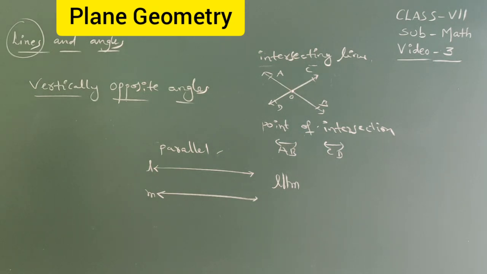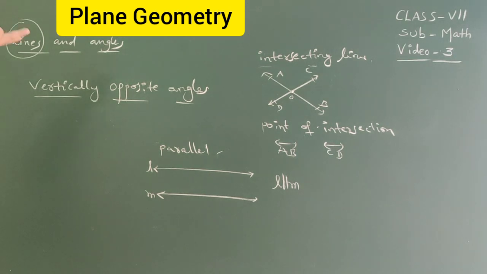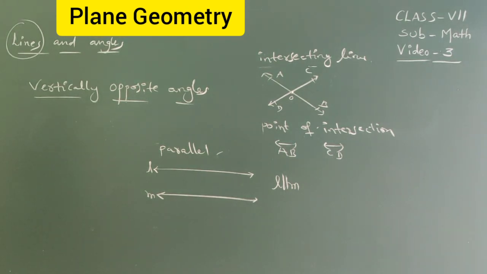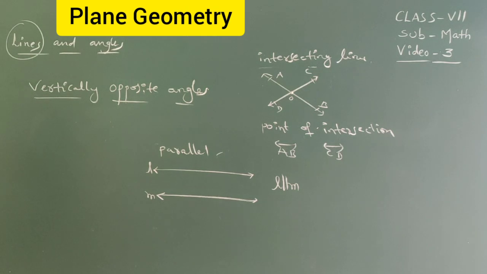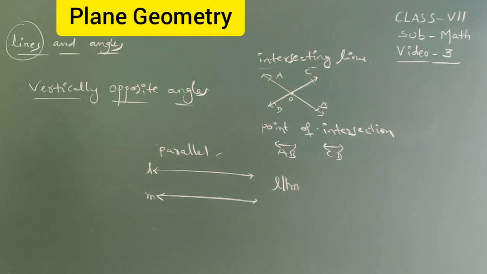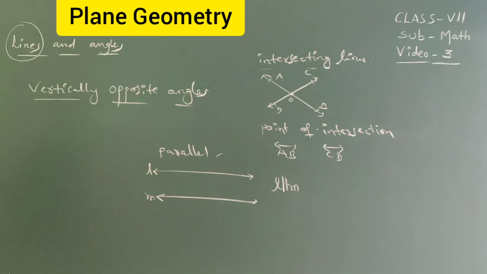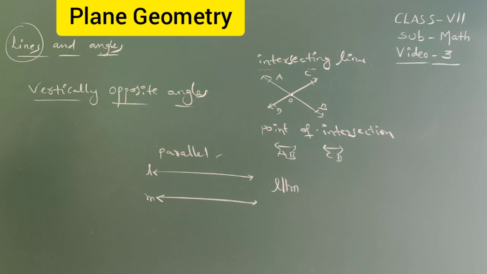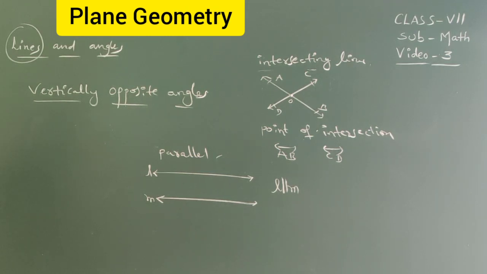From that indirect method of proof, with these conditions, we are able to prove the given theorem. For example, we are given that two lines are parallel to each other. We need to prove those two lines are parallel. First of all, we consider the statement that those two lines are not parallel. If they are not parallel, obviously they are intersecting lines. That's why these contradictory ways are possible with the help of these conditions. In a plane, if a pair of lines are not parallel, definitely they are intersecting lines.